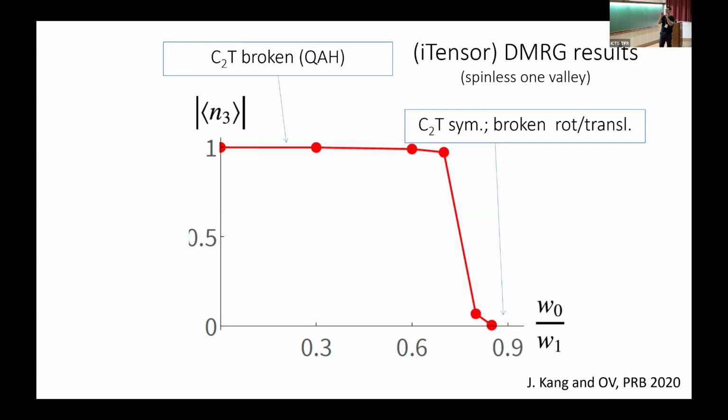We have close competition between two states, which are either stripe-like or nematic-like. Now, this is still a toy model calculation because it only considers one valley and one spin. But we clearly see that something interesting is happening near this realistic value of the ratio.